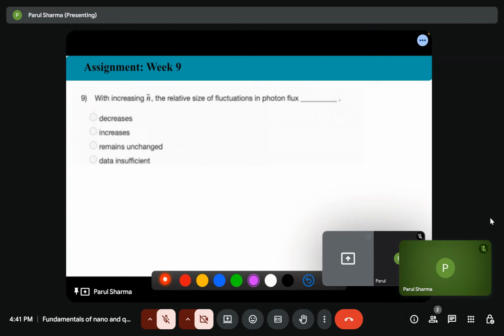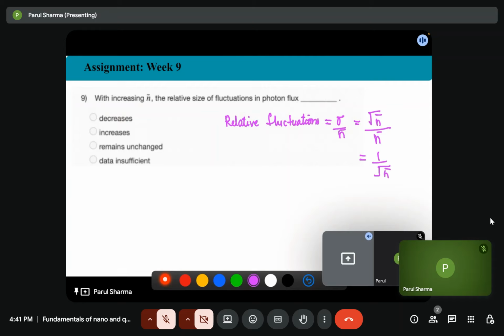So we know that the relative fluctuation is given by sigma by n. Sigma is root n, and n is n bar, which equals 1 by root n.